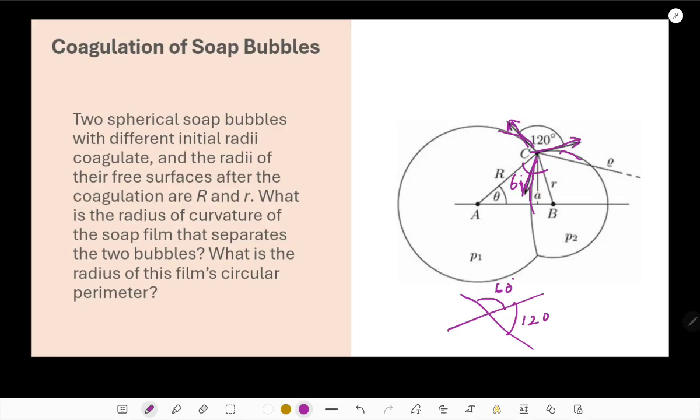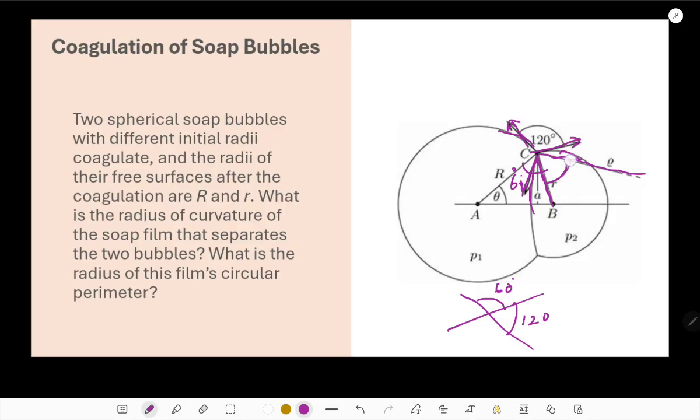But you can see here, this is the radius of the two original soap bubbles, or you can say after their coagulation, the radii of the new surface formed, and the angle between the radii of the new surface formed and the original bubble of radius r.